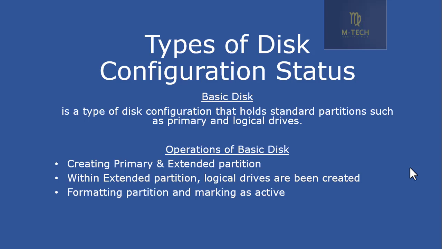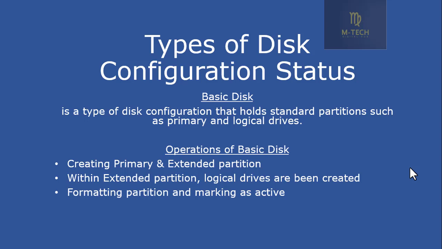But this is not the physical hard disk, as in SSD and HDD. This is when your hard disk is within the system or your computer. So it's either in basic disk status or dynamic disk status.